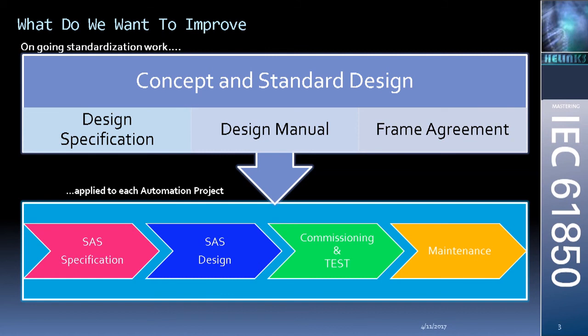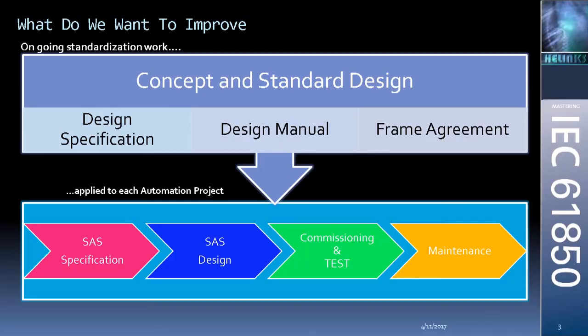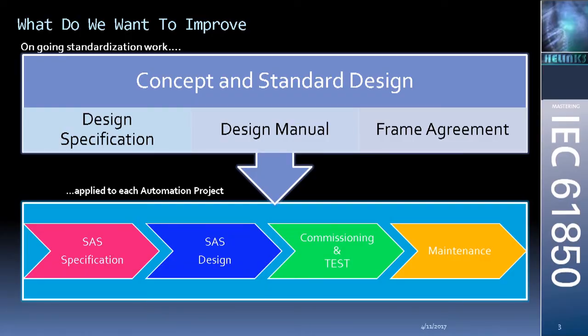All this work has two purposes. One purpose is that when it comes to projects, they want to be more efficient, they want to have standardized solutions. But also when it comes to negotiating with the suppliers, the manufacturers of the relays, the system integrators, they want to have more control over deliveries by making frame agreements, having predefined IEDs delivered, and these things. So this is a standardization and engineering phase which is independent of any project.